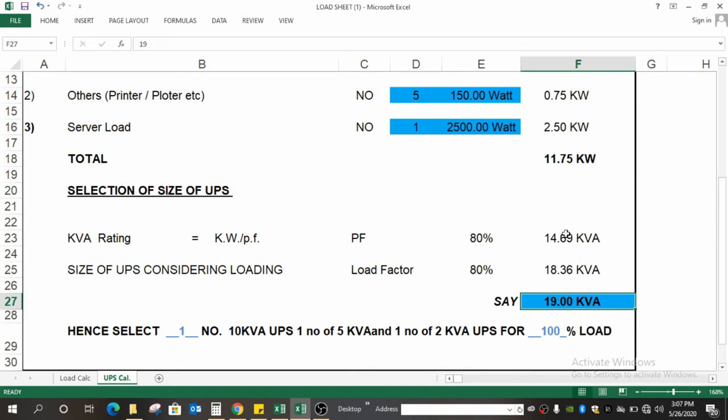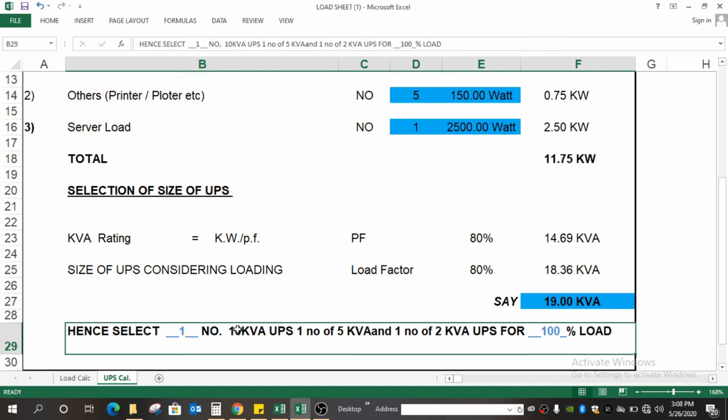By default we have to go for a 20 kVA UPS. In that case, we will have 1 kVA UPS backup extra for the future. If we need some load, we can add 1 kVA extra, which is around 0.8 kilowatt of load. I think a 20 kVA UPS is available in the market.